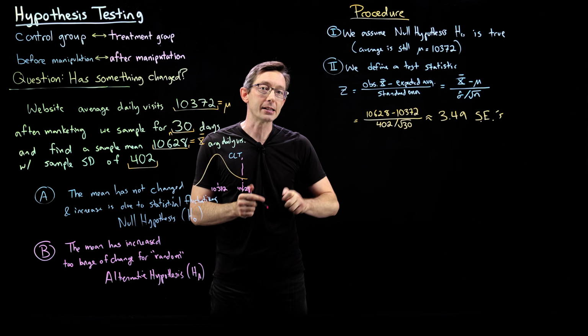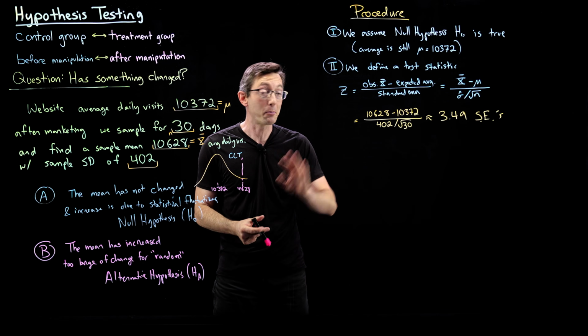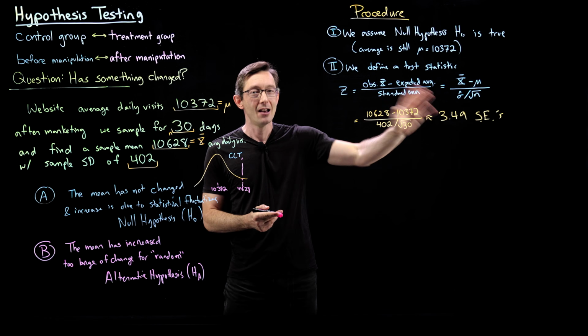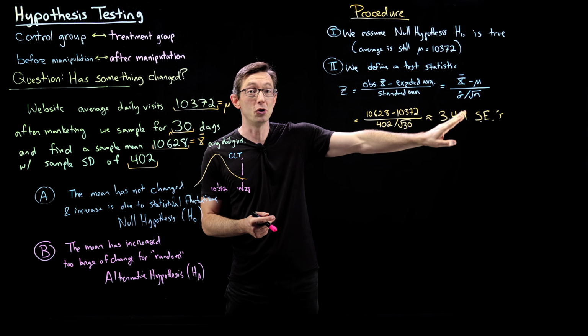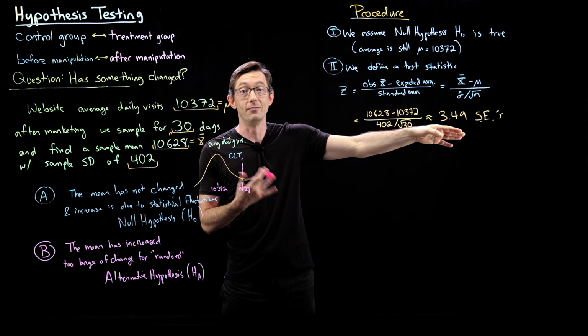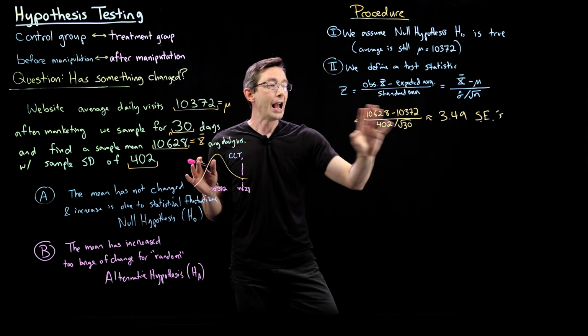And 3.49 standard deviations is a lot. That's pretty unlikely. We're going to use our lookup table and compute how unlikely this is, but it's very unlikely. Anything more than like 2 standard errors is very, very unlikely. 3 is kind of super duper unlikely. And so that's what we're doing here.